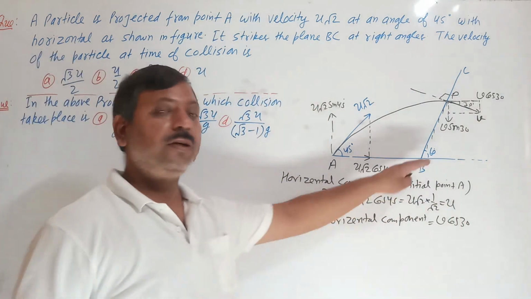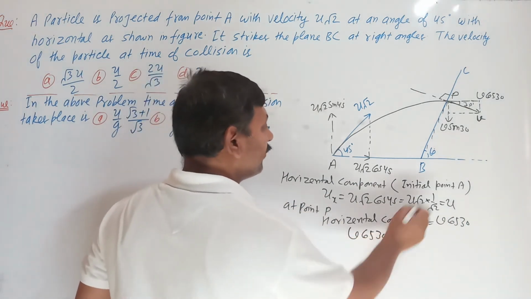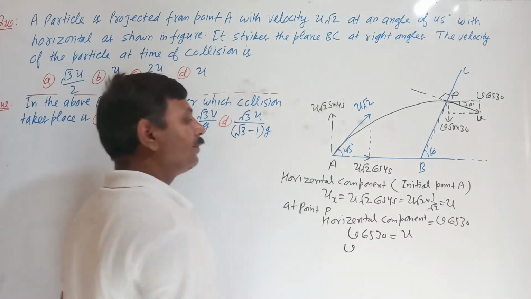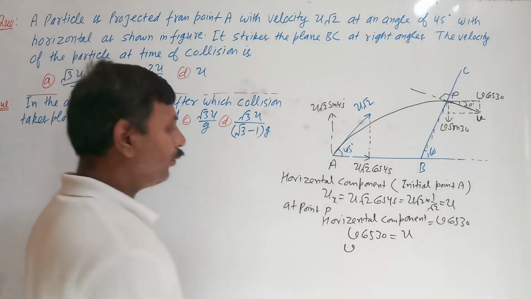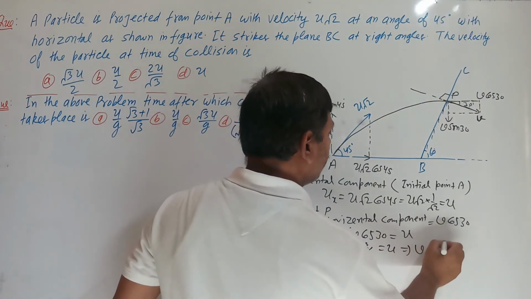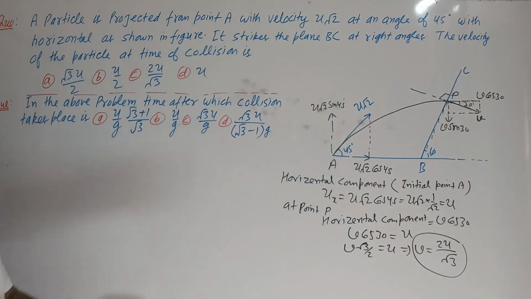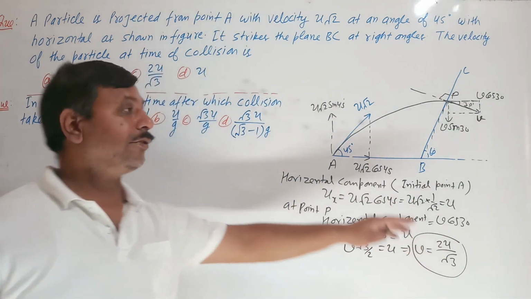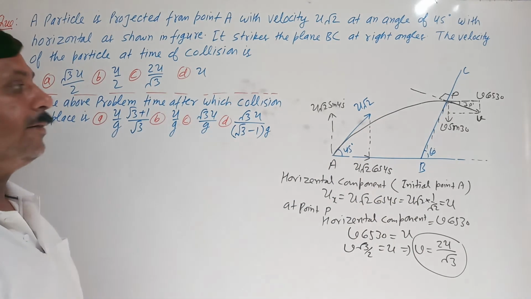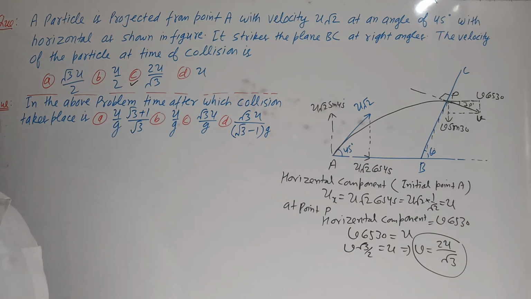So see here, the horizontal component will be the same at each and every point, that is V cos 30 is equal to u. V times root 3 by 2 is equal to u, that implies V is equal to 2u upon root 3. See, what will be the velocity when it will collide with this plane BC? The velocity will be 2u upon root 3. Means C option will be correct.